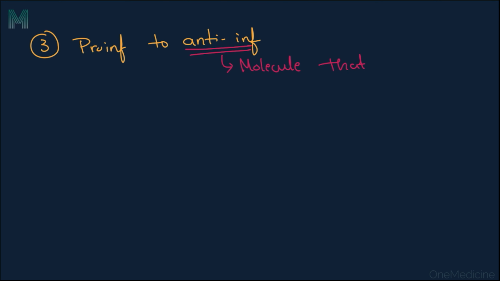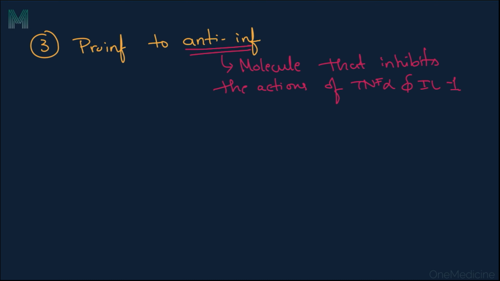The third response is pro-inflammatory to anti-inflammatory mediators. The definition of an anti-inflammatory mediator is any molecule that inhibits the actions of TNF alpha and interleukin 1. Any such molecule is called an anti-inflammatory mediator.